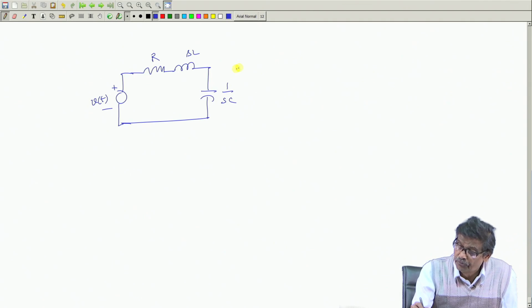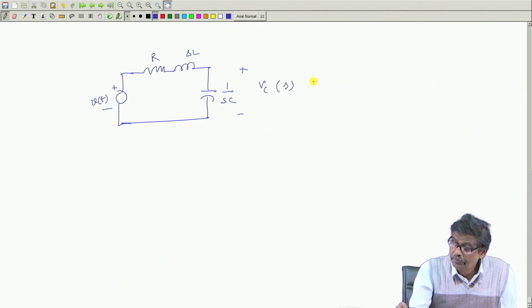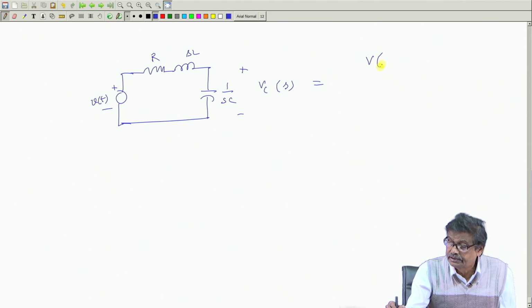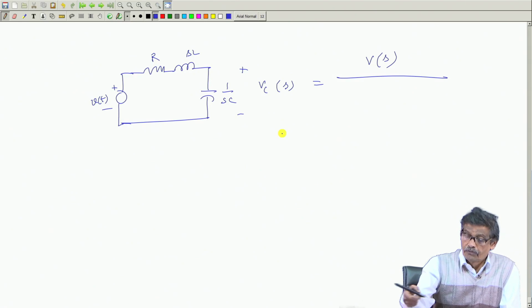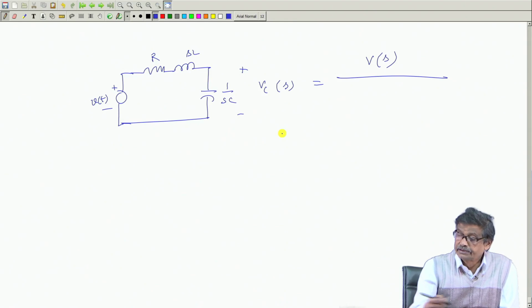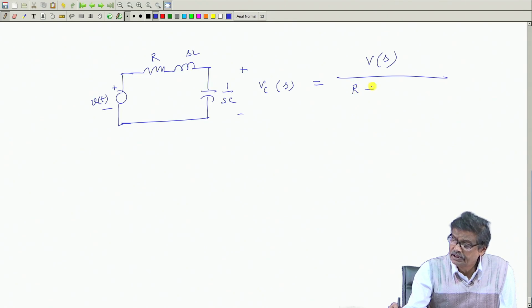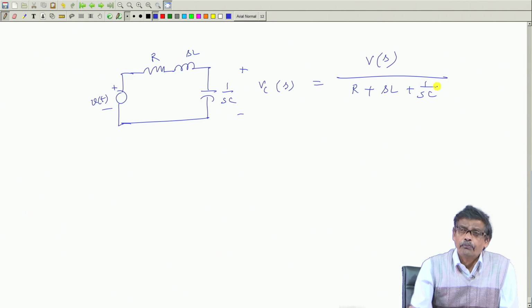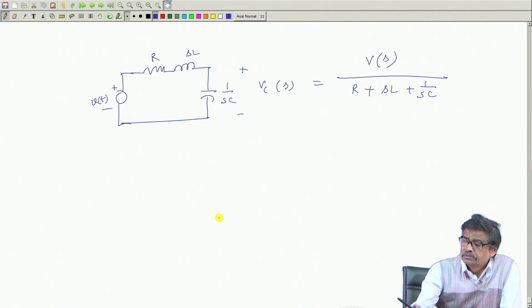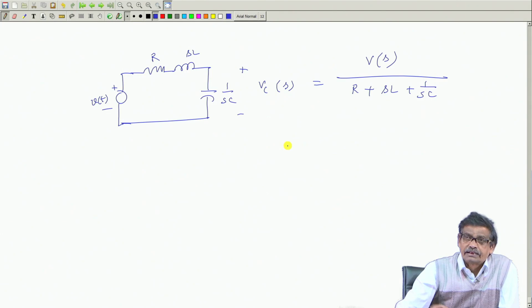Then the voltage across the plates of the capacitor Vcs will be, you do not write 1 by S, but write the Laplace transform of that excitation voltage divided by the same thing. You do the same, maybe the steps will be more, but that very innocent term 1 by S will not always appear here.